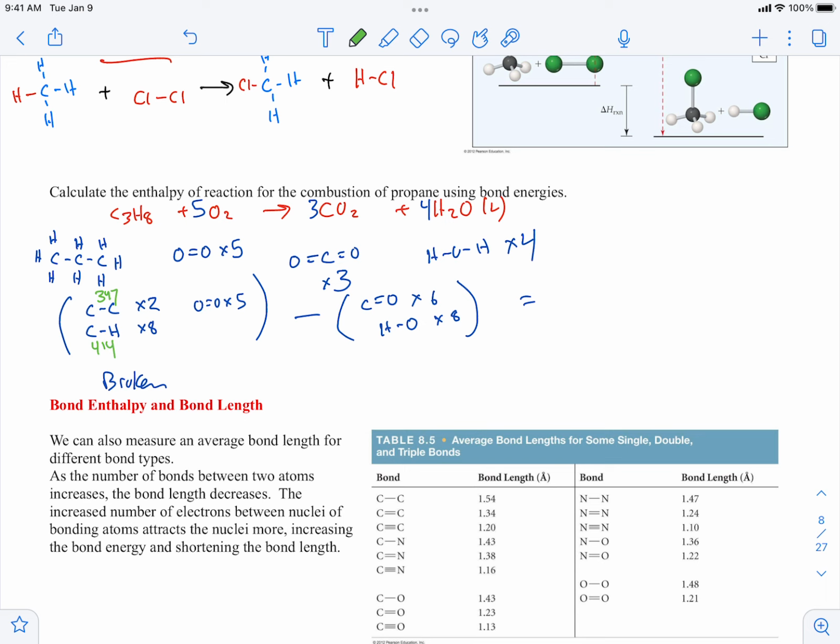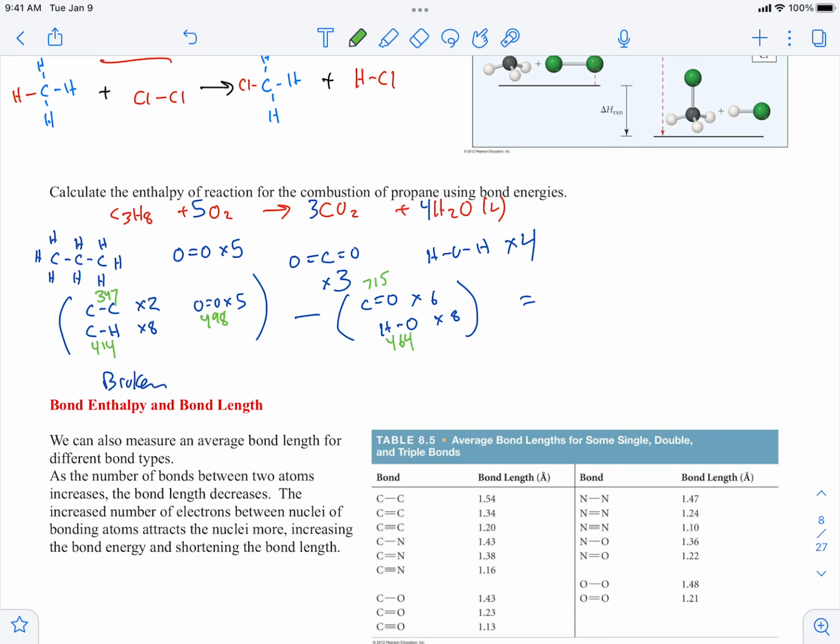The oxygen to oxygen double, 498. The carbon to oxygen double, 715. And the hydrogen to oxygen, 464.